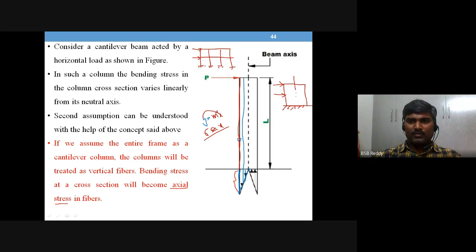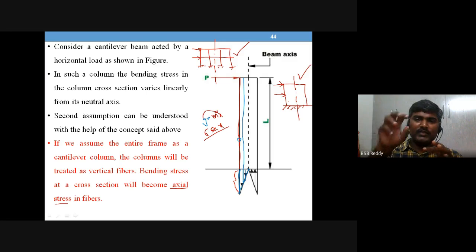This is the concept. If this is the neutral axis that is present, this is the frame and the assumed cantilever. Just like how bending stress is proportional to the distance from the neutral axis, the same concept is adopted here for column axial stress.